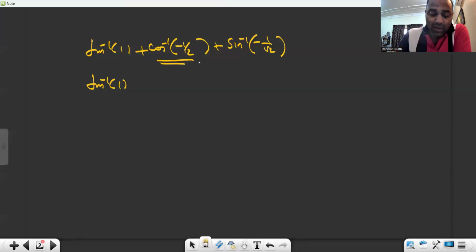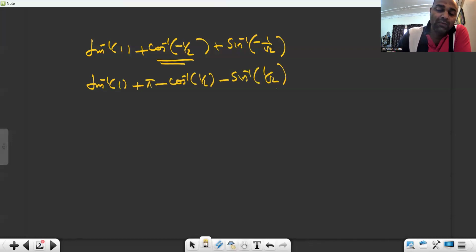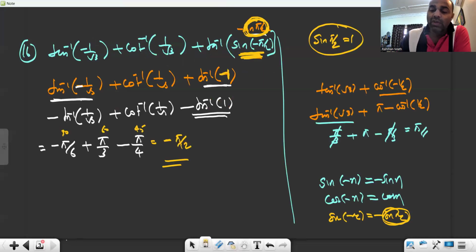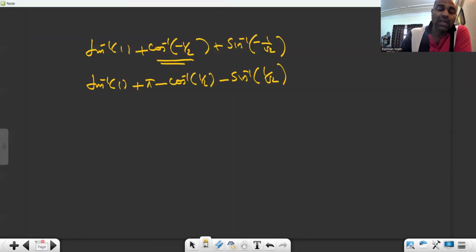Cos inverse minus half, I already told you, cos inverse if it is there, it will be pi minus cos inverse half. Sin inverse minus is there, so the minus will come out. Inverse and trigonometry, don't get confused, because I told you the inverse is coming according to the rule. But this one, don't forget about that. Many people are answering. Now we can start. Tan inverse 1 is what? Pi by 4.